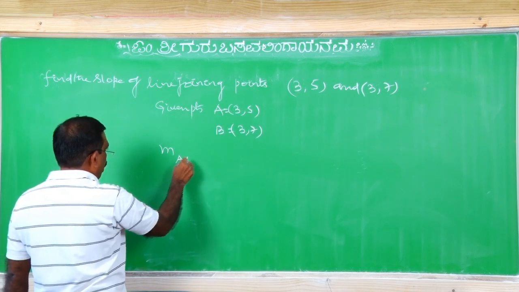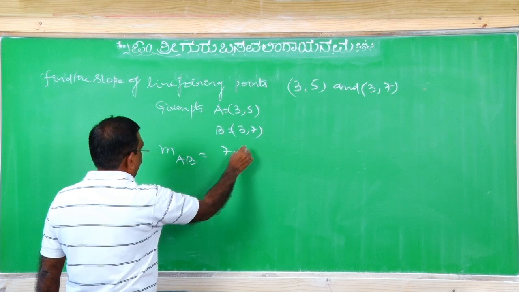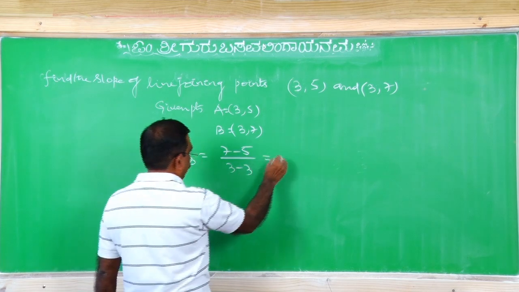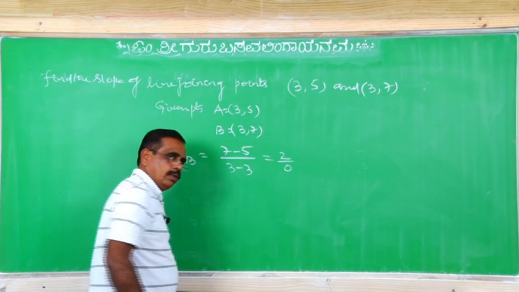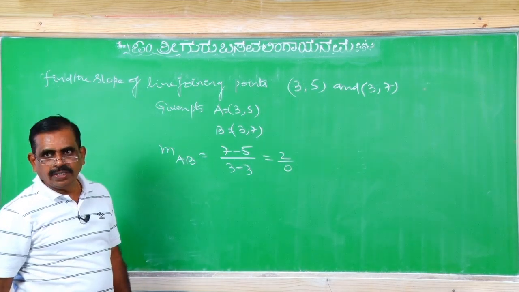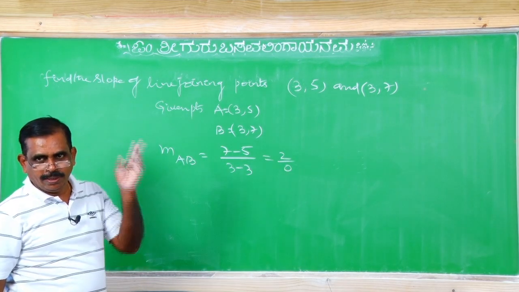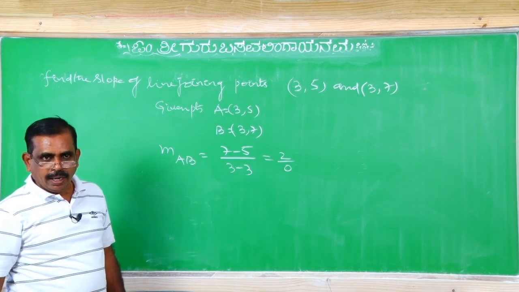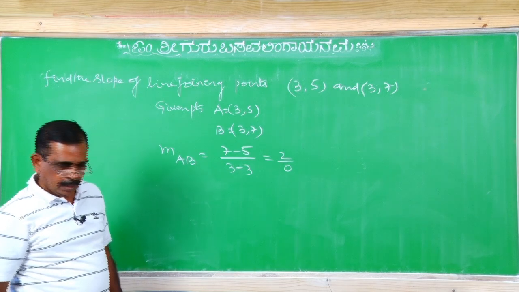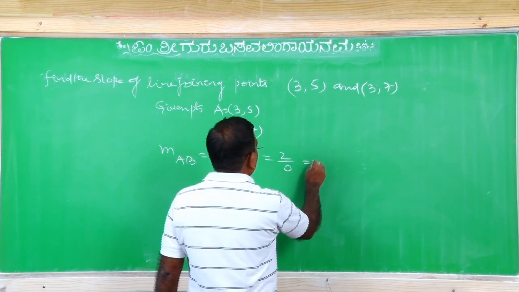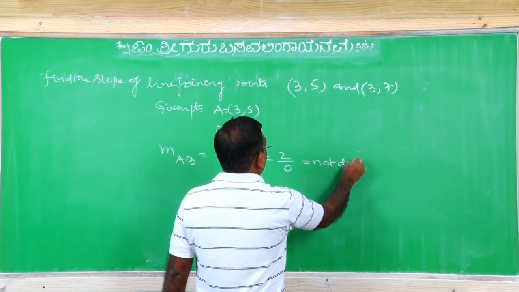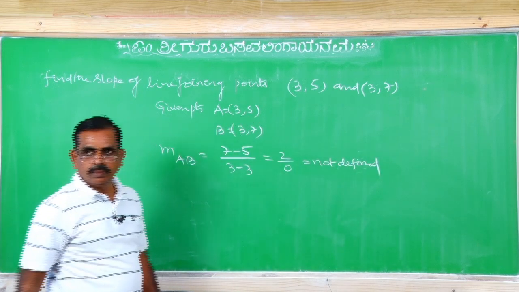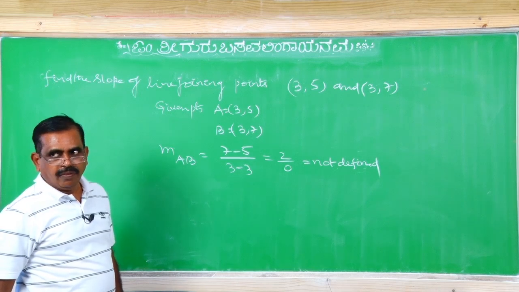MAB, slope of AB, is 7 minus 5 by 3 minus 3. How much? 2 by 0. 2 by 0 means what? Not defined. Write down, not defined, vertical line.